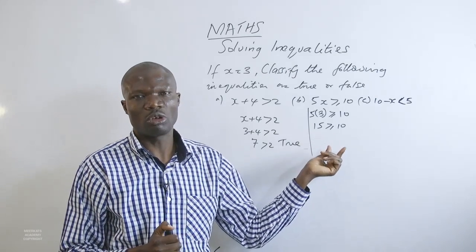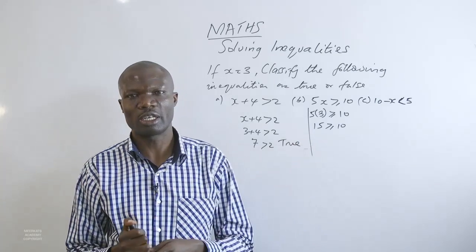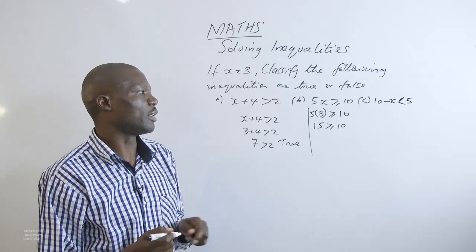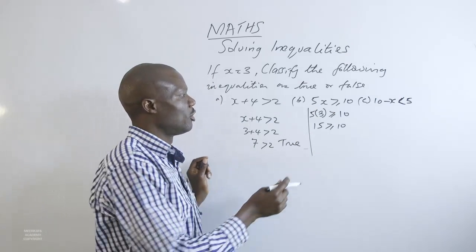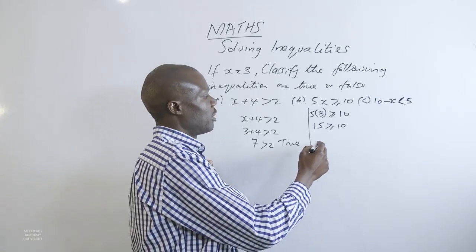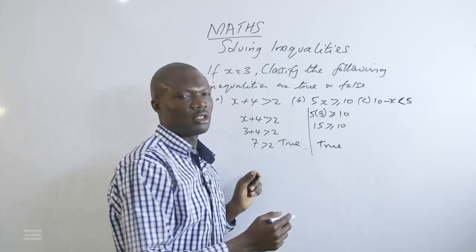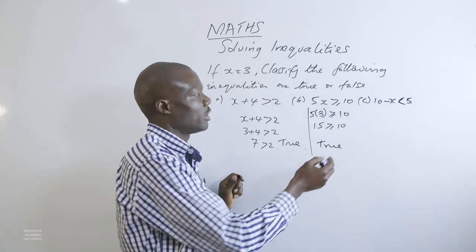If we use equal, 15 is not equal to 10, but it's true that 15 is greater than 10. In this case, we look at 15 being greater than or equal to 10. This tells us it's a true statement because it satisfies the inequality.